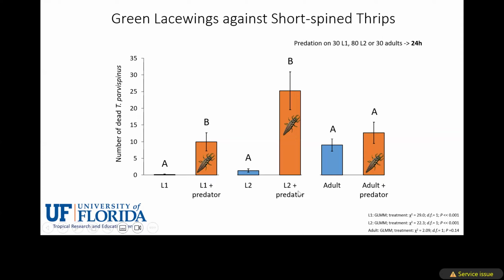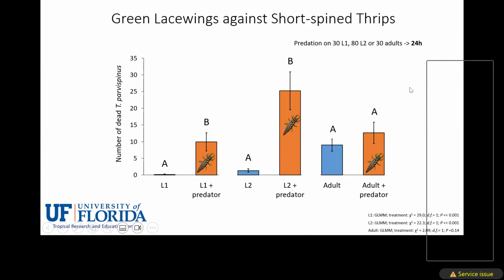The reason I believe that is just because they are bigger than the L1 larvae, so they like to prey more on the bigger thrips than the small ones. There seemed to be a preference towards the L2 stage over the L1 stage, but I didn't test preference here. Here are just non-choice experiments, but it's something I wanted to share with you about what we saw during the experiments.